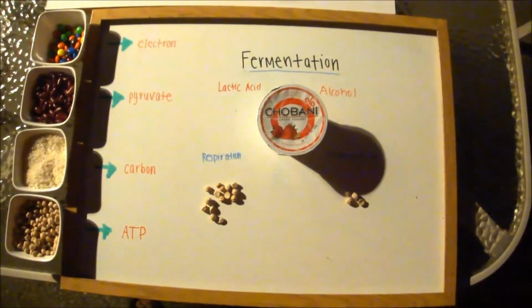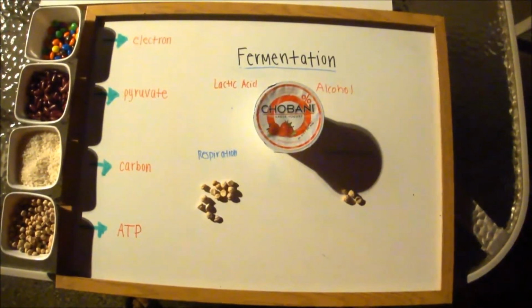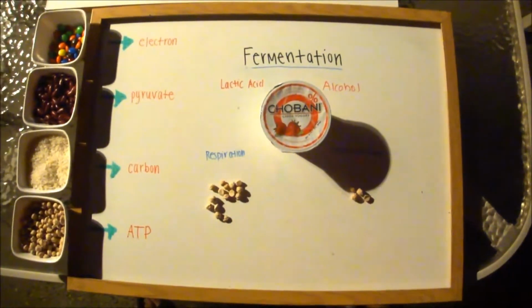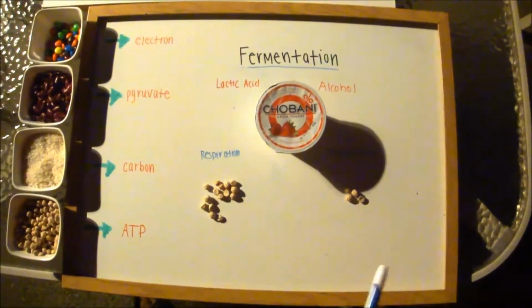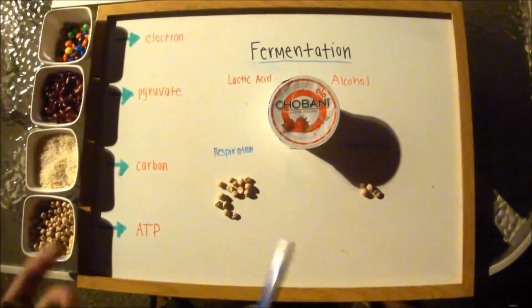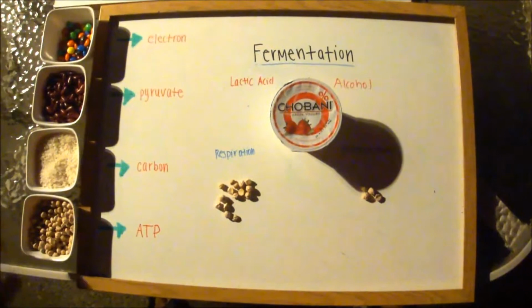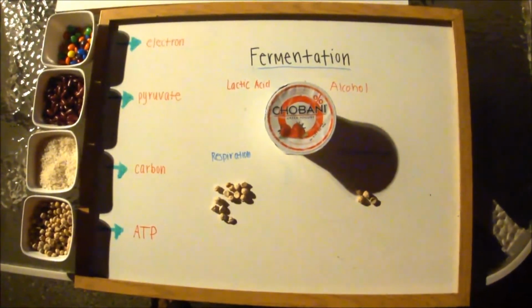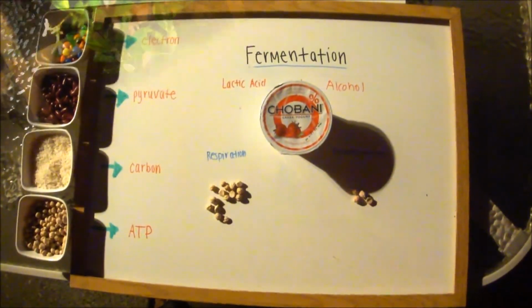Fermentation also requires no electron transport chain, no proton motive force, and it doesn't require any ATP synthase. So in summary, fewer ATP molecules are produced in fermentation as compared to respiration. So it is more inefficient in producing energy, and it produces carbon dioxide as a byproduct.